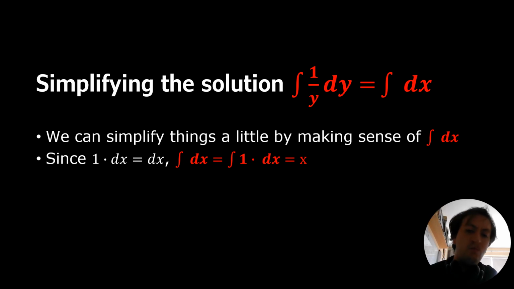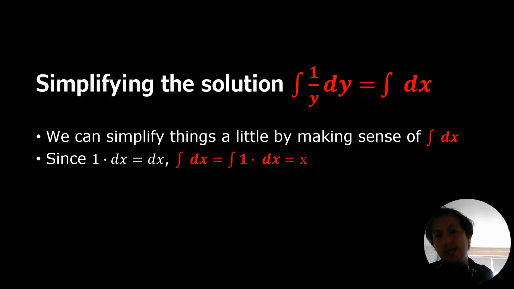There are two ways. One way is to go back to what an integral really is, and that way we can evaluate the integral of dx immediately. But another way, a kind of trick if you like, is to think about the integral of dx as the integral of 1 times dx.